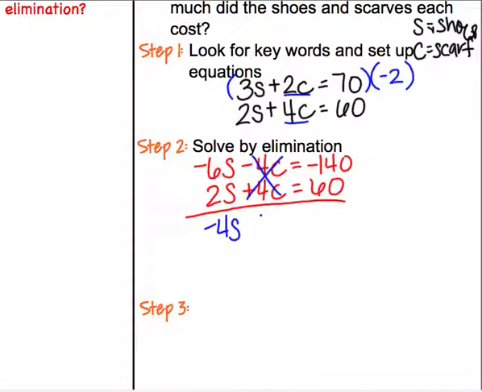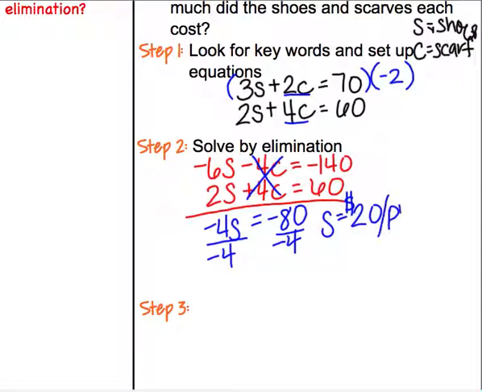These 2 cancel. And -140 plus 60 is -80. So when I divide by -4, I get S is equal to +20, which means each pair of shoes costs $20. I'm going to put per pair shoes.